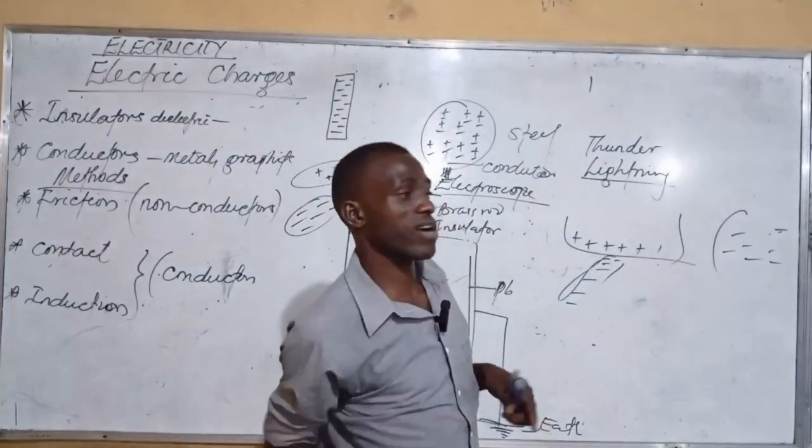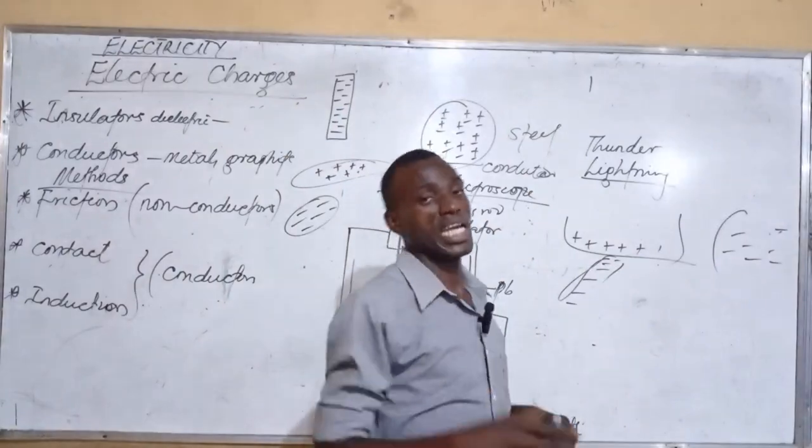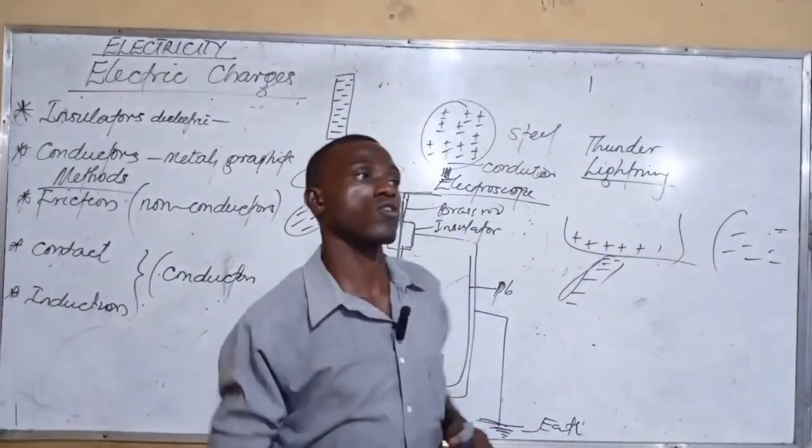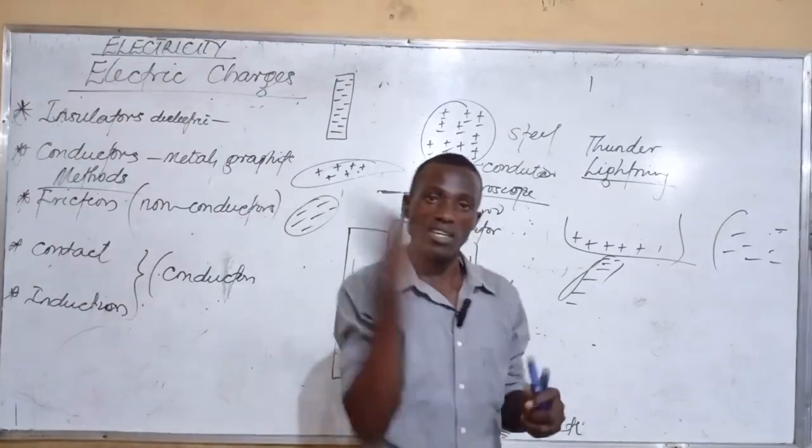If that house does not have what is called a lightning conductor, which is basically a wire that can conduct electricity back to the earth, so it earths it back.